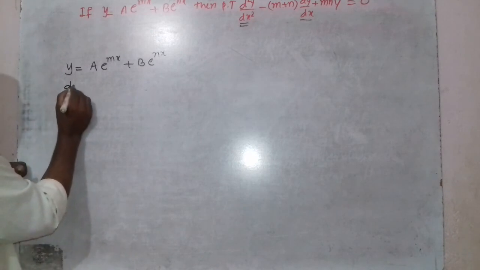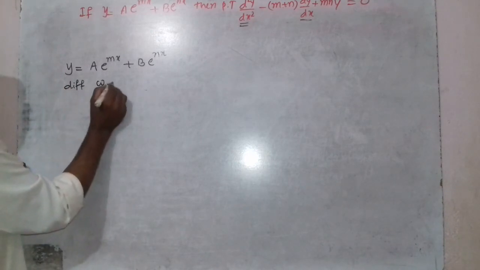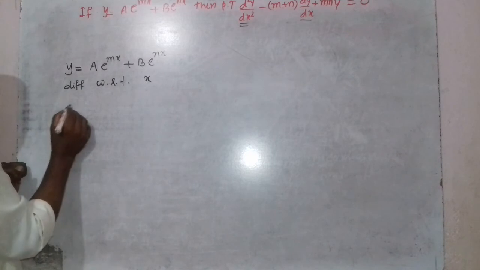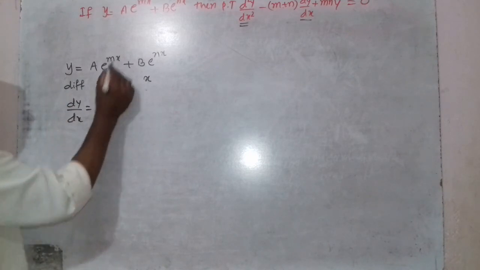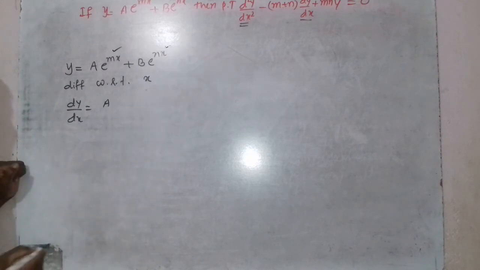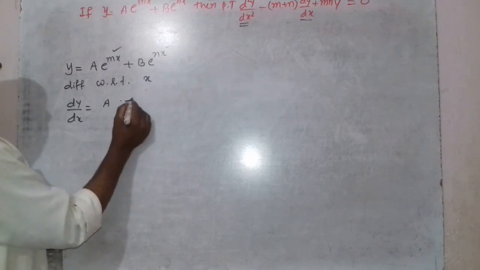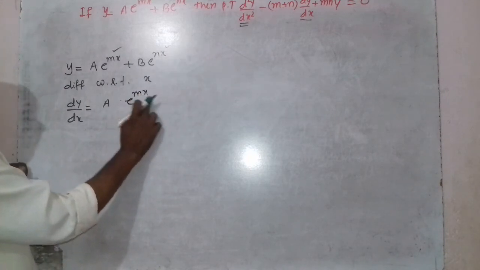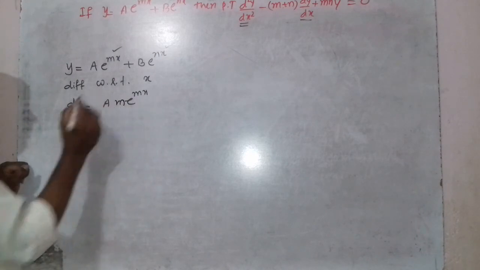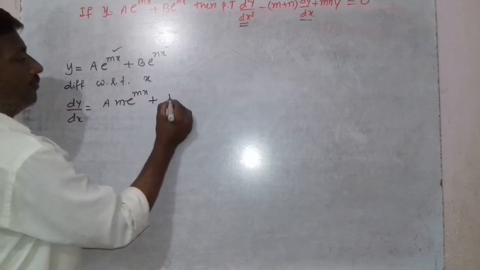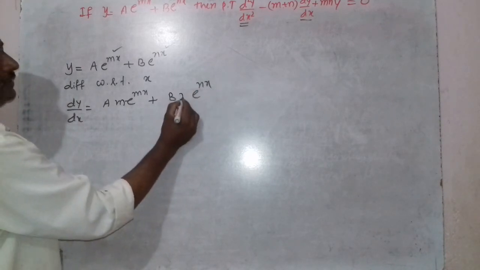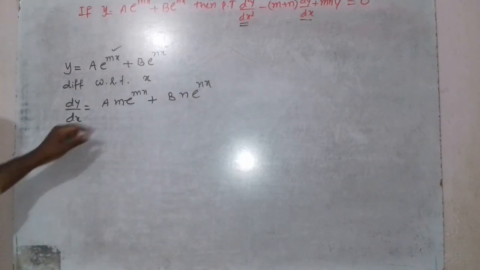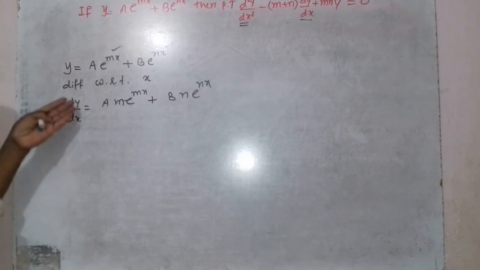Differentiate with respect to x, dy by dx equal to composite function a e raised to mx, derivative of mx is m, plus b e raised to nx, again derivative of nx is n. Similarly, we will find d square y by dx square here.